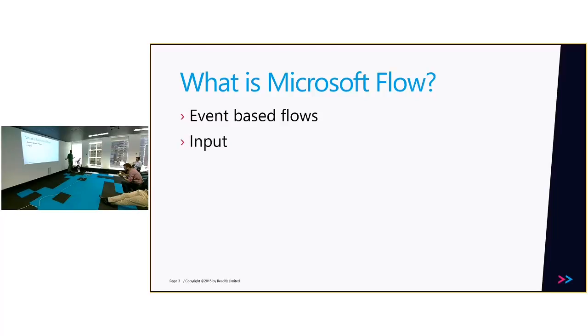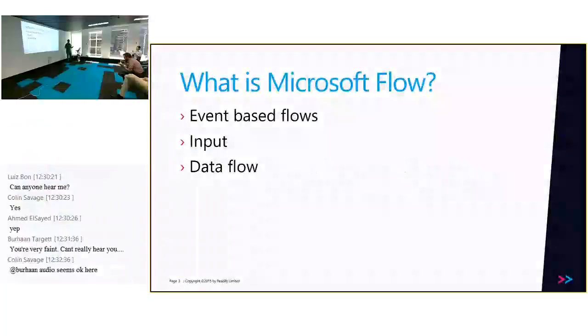It has a bunch of inputs. I'll show you how many inputs it has. It's a lot of inputs, basically what they call bindings. From those bindings you get data, and you create a flow with that data. So after all the flow, you have an output. Basically, you get something transformed and output.